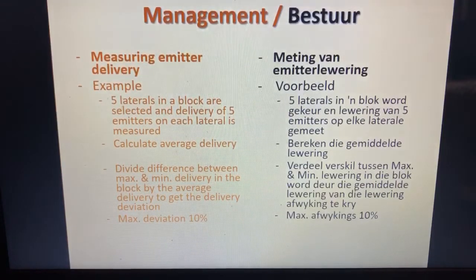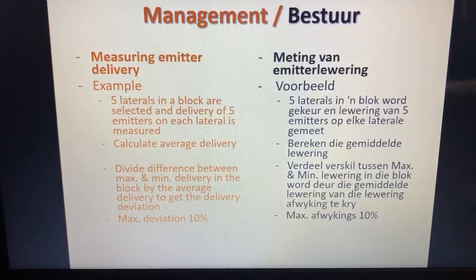Then the next is measuring emitter delivery. It's another way of measuring the amount of water that you are physically giving the crops or giving a specific piece of land. As you will remember from the first couple of slides, we had your laterals and then you had your main line. To test this emitter delivery, you're going to take 5 laterals and you're going to select 5 emitters per lateral.